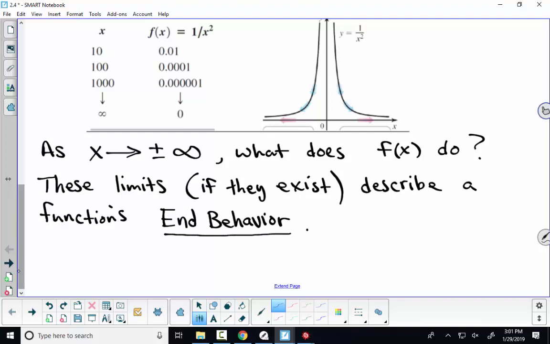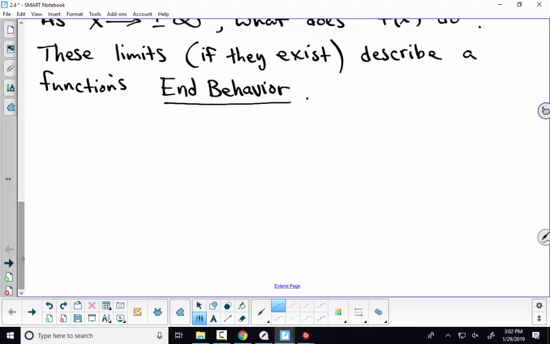Lumped into the classification or the concept of end behavior is that of a horizontal asymptote. But some functions don't, like this function we drew on the board, in either direction it flattens out to 0. Some functions don't do that. So within this, horizontal asymptotes are included.